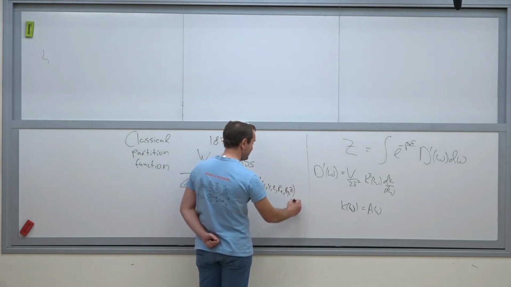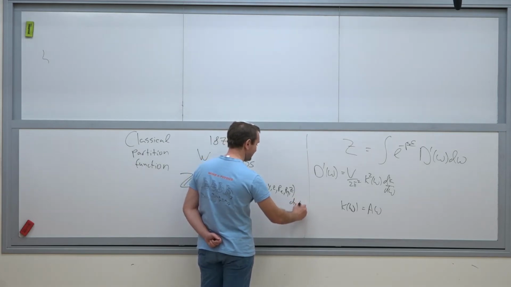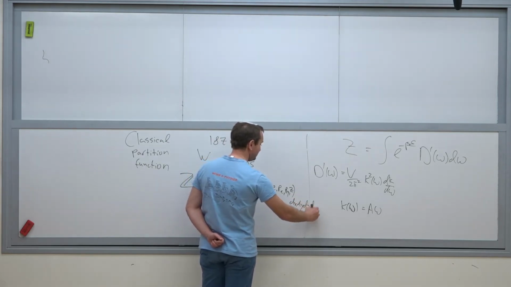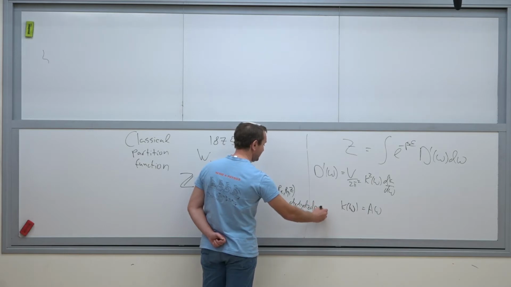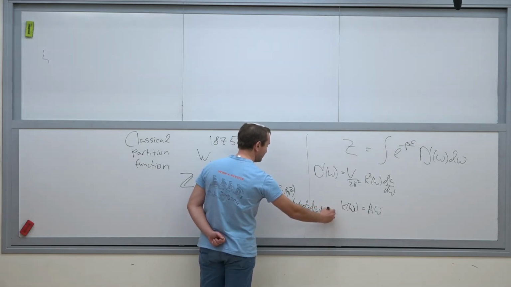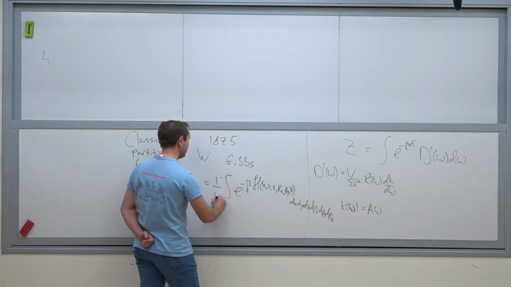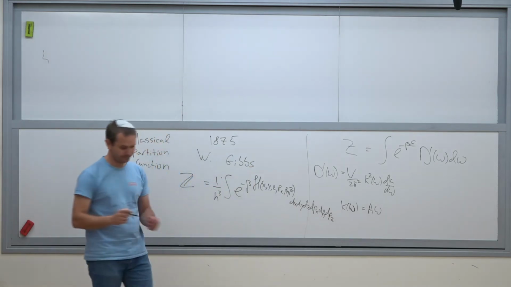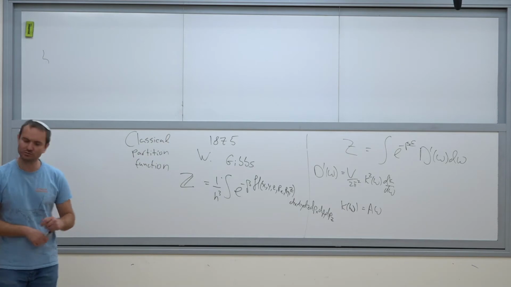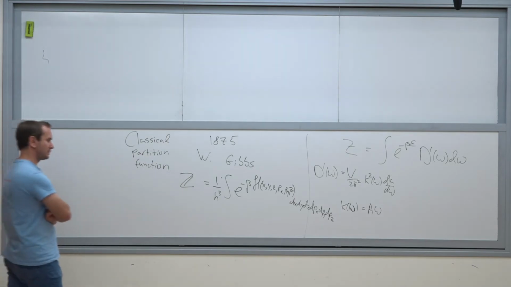Here we have dx, dy, dz, dpx, dpy, dpz, and he had a prefactor, 1 over h to the 3rd power.